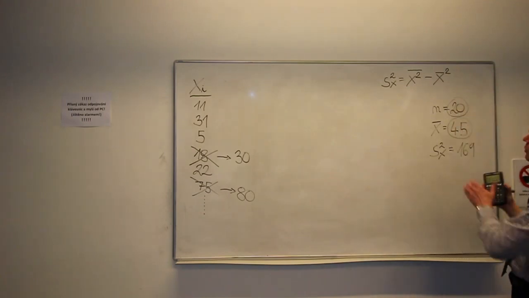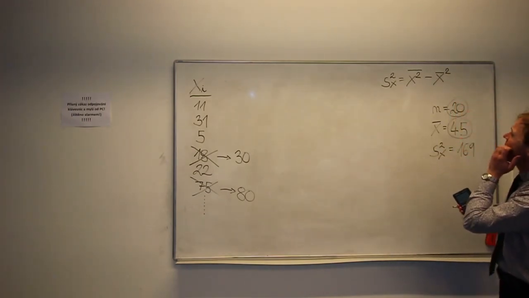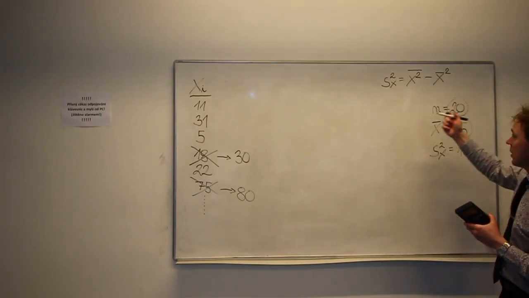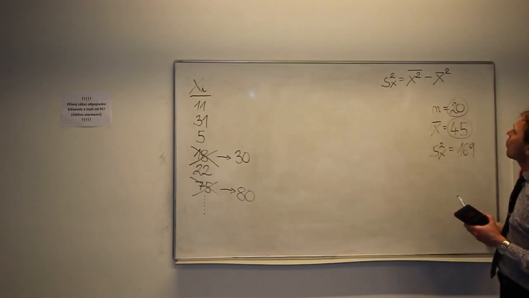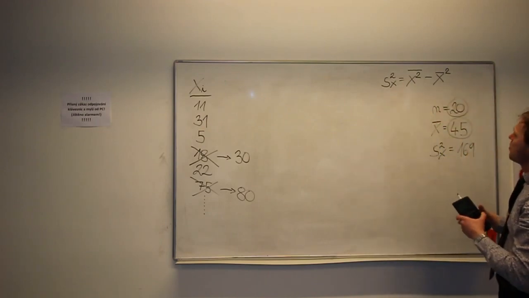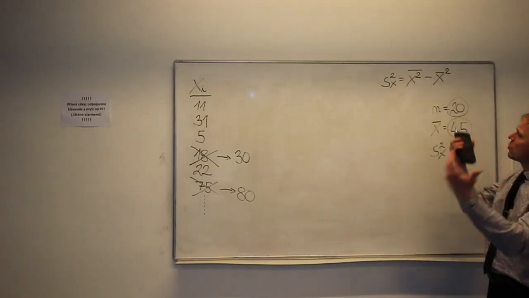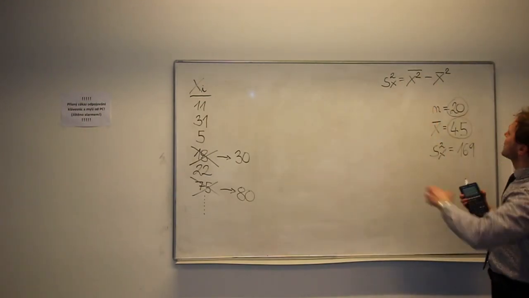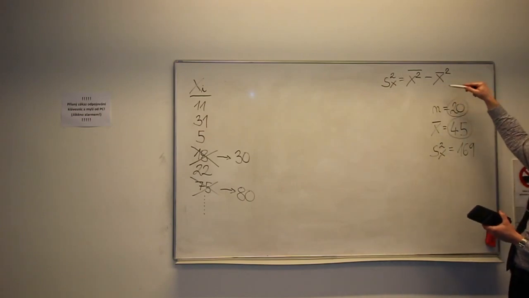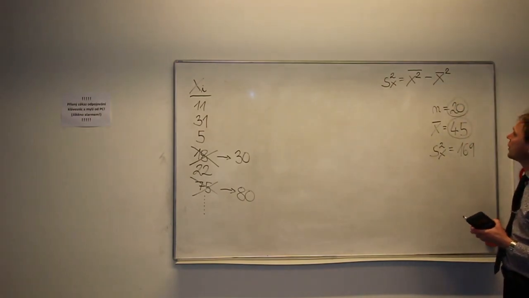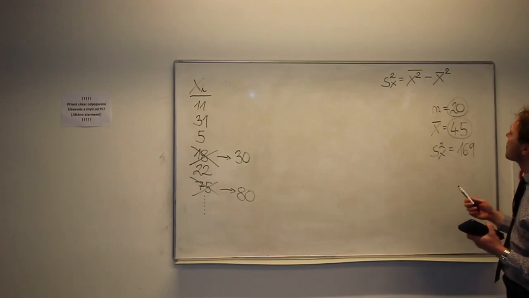Please try to find this in your formulas, where it is written that the variance can be calculated like the difference between the average, the mean, of squared values of the statistical sample, and the second power of the mean, of the average.